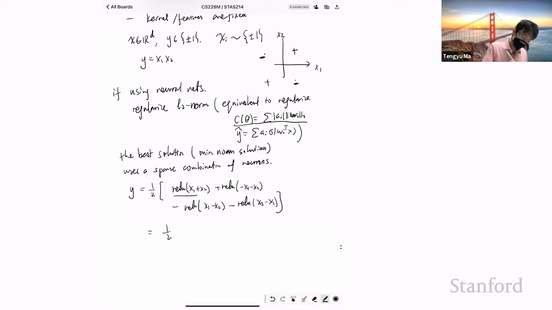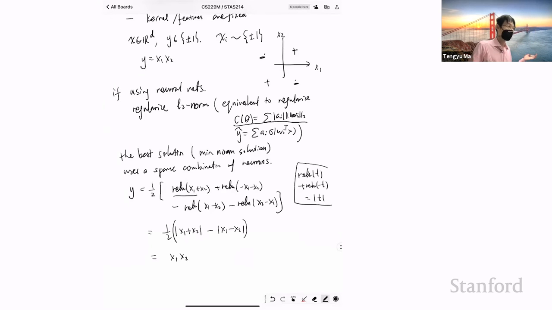If you want to verify that, I can briefly do that. ReLU of t plus ReLU of minus t equals the absolute value of t. So this is equal to half of the absolute value of x1 plus x2 minus the absolute value of x1 minus x2. And now I claim that this is actually equal to x1 times x2 when x1 and x2 are both binary. How do you see this? I guess the only way is to try all the 4 combinations.